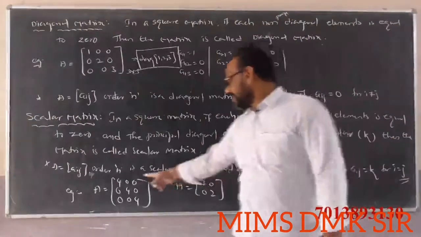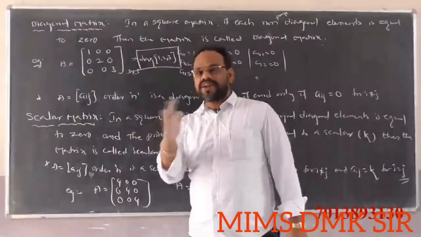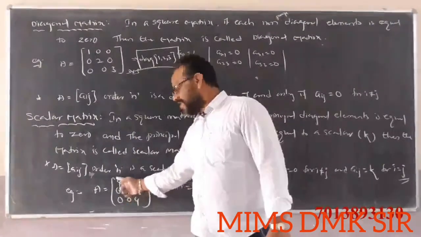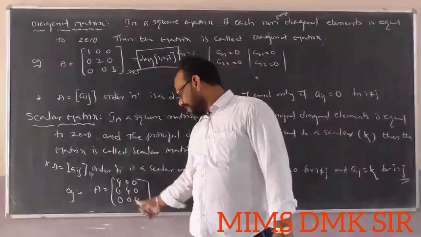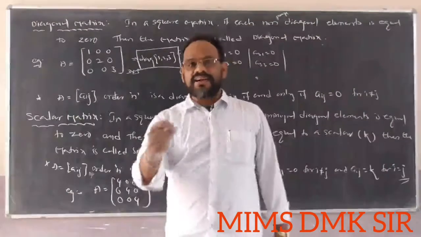That means a11, a22, a33 are all equal to some constant k. Then the matrix is called a scalar matrix.